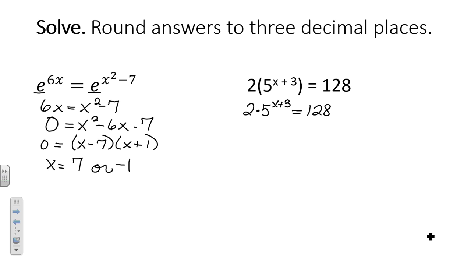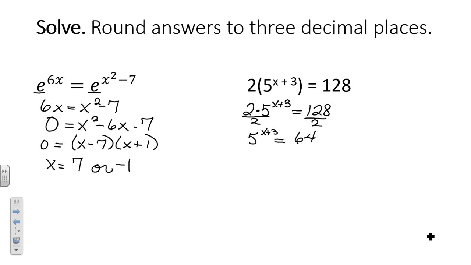So we'll divide by 2, and 5 to the x plus 3 will be equal to 64. So far, so good. It looks a little less complex than it did.